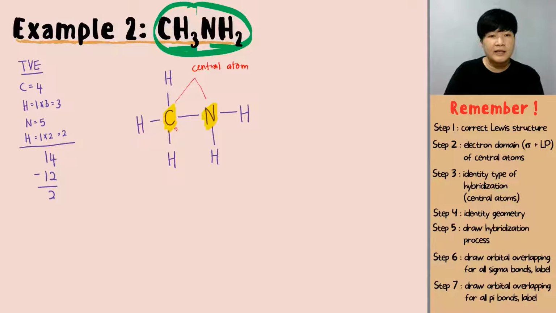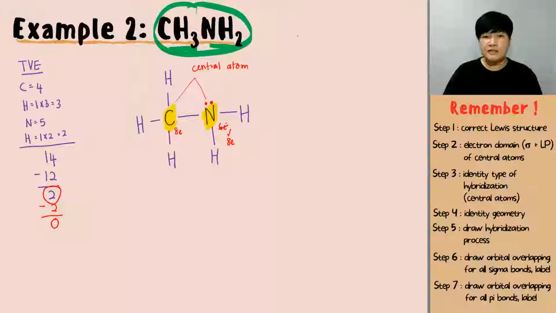Carbon has 8 electrons around it, nitrogen has 6 electrons around it, and nitrogen is more electronegative. That's why the 2 electrons left will be placed on nitrogen as a lone pair. Minus out the total valence electron 2, then you are done with the total valence electron. And also, both the carbon and nitrogen now achieve octet.